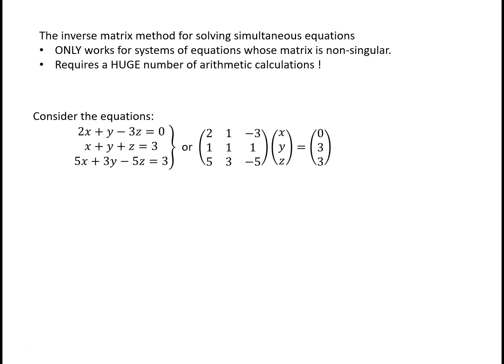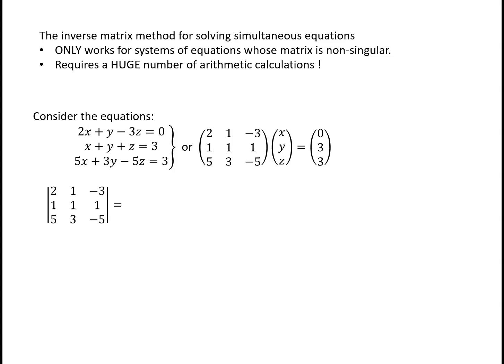Now, if we consider the system of equations 2x + y - 3z = 0, x + y + z = 3, and 5x + 3y - 5z = 3, or its matrix equivalent, which is 2, 1, -3, 1, 1, 1, 5, 3, -5 times x, y, z equals 0, 3, 3.